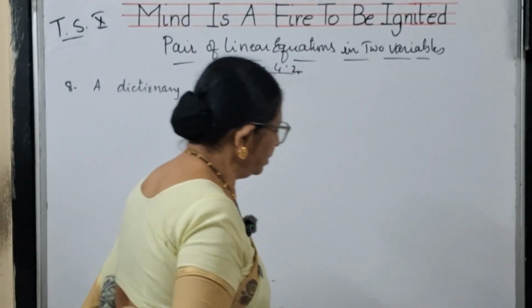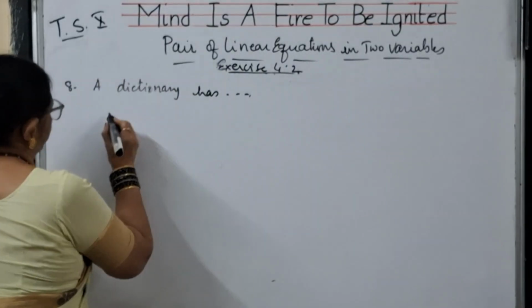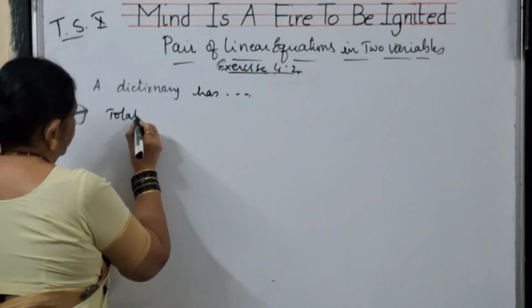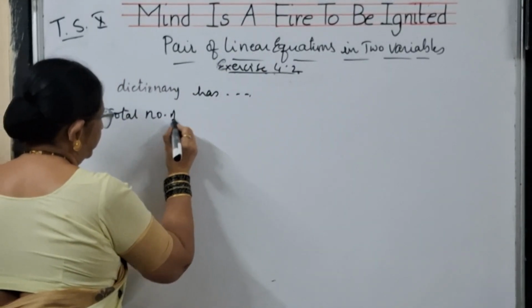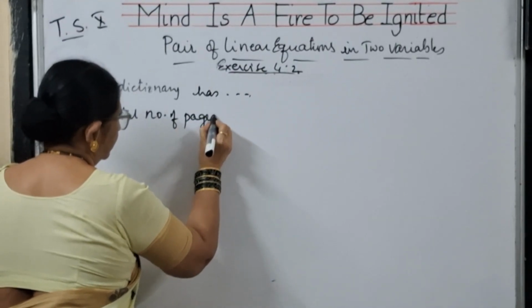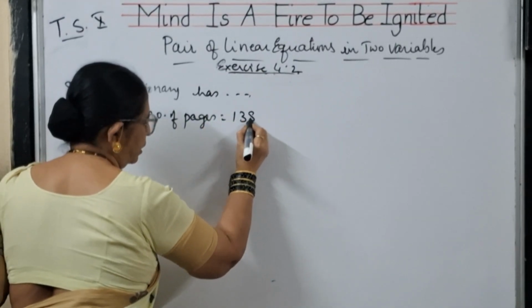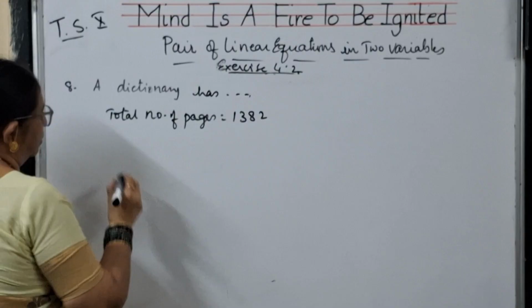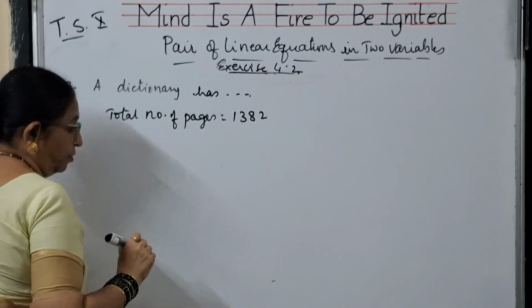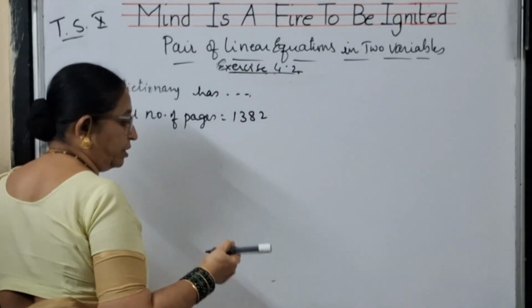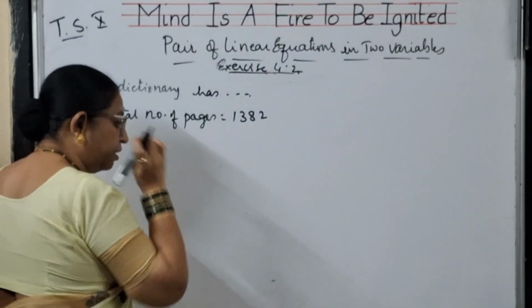So, let me take the total number of pages. What are total number of pages? They have given us 1382. Then, what did they say? Second part is having 64 more.